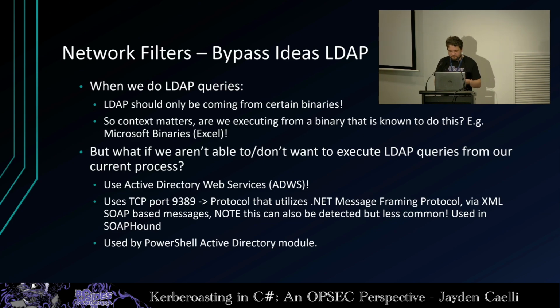It's based on XML and SOAP, and it's a proprietary wrapper of the .NET message framing protocol. However, it should be noted that using this can also be detected, as it's not used very often in other processes. I've seen it mostly used in PowerShell. So if you were to use this particular port, you could be detected by it, although I haven't seen that as often.